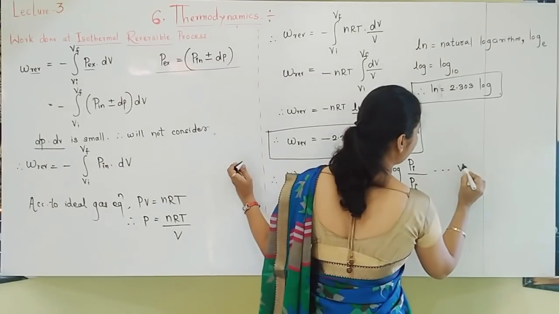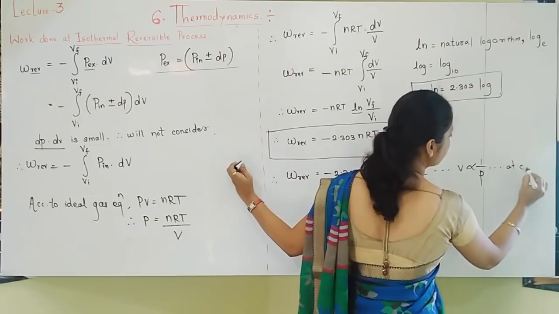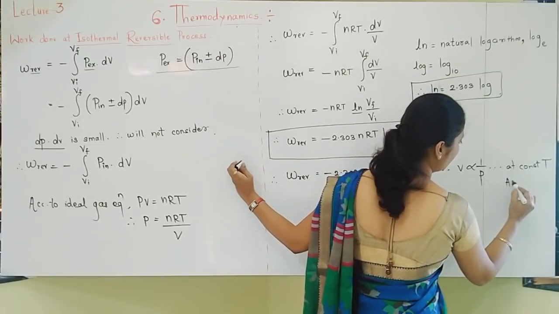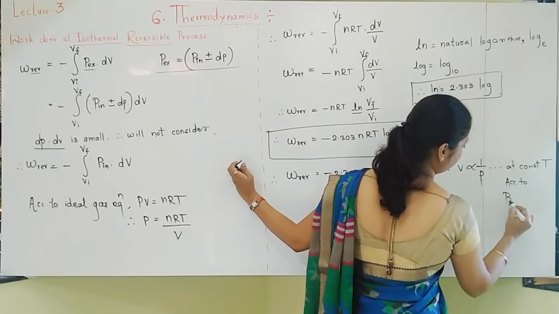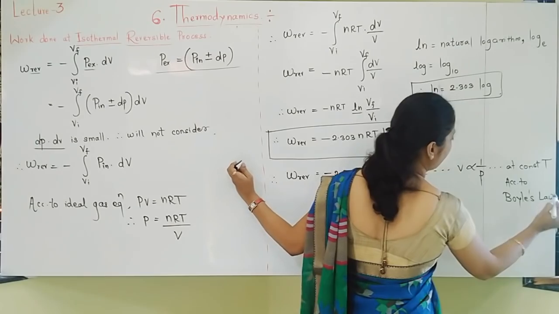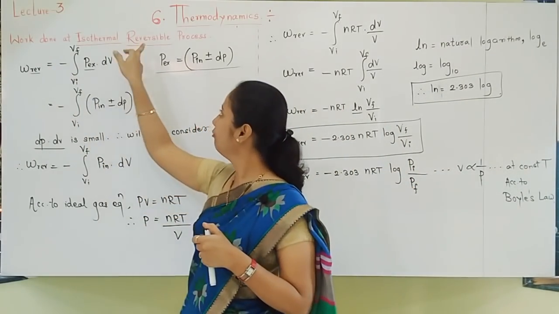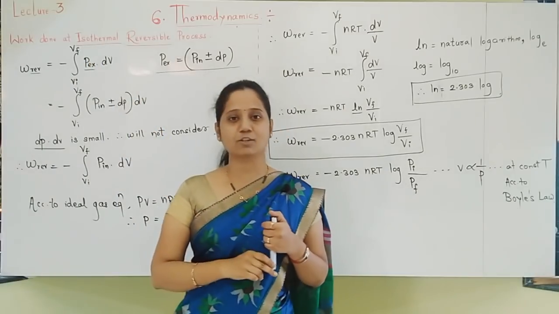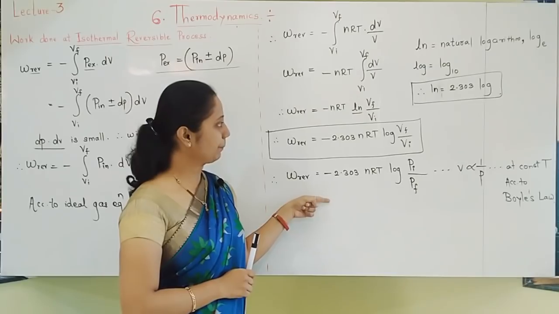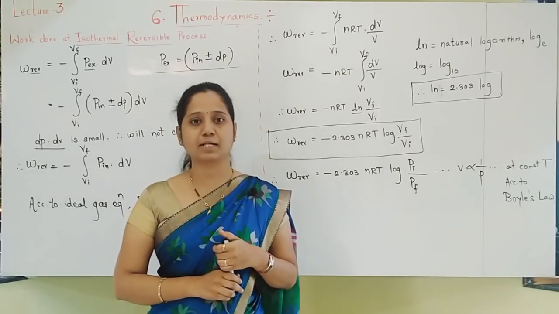Because V is inversely proportional to P at constant temperature according to Boyle's law. Is it constant temperature? Yes, we are deriving work done for isothermal process, that is at constant temperature. So write down the things properly. The derivation as it is will be asked for 2 marks.